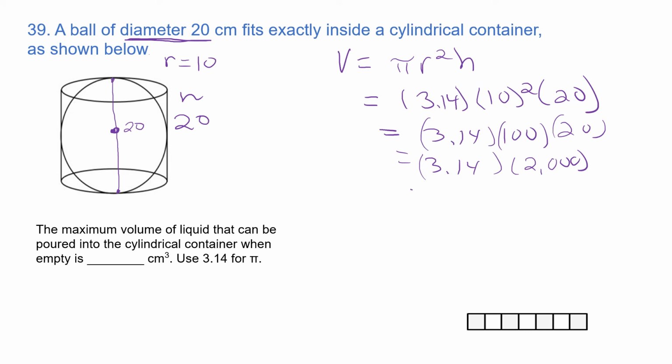Multiplying that through. And of course I could have just multiplied this straight across. I don't know why I'm doing all of this. I could have multiplied 3.14 times 100 times 20 and gotten this. All right, so it should be 6,280 for the volume, and that is it. 6,280 for the volume of the cylinder when it is empty.